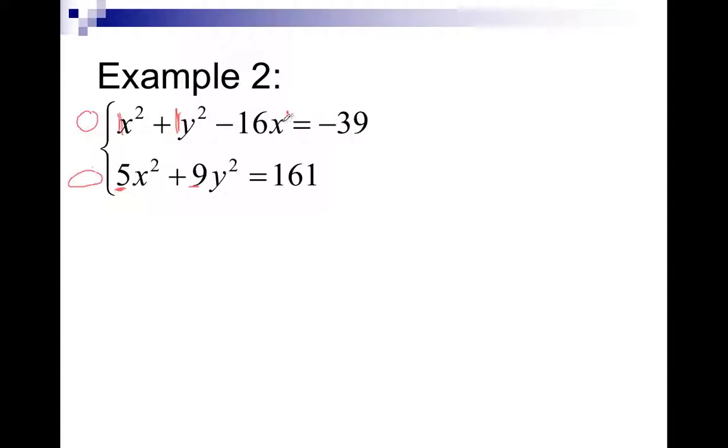If I also have a linear y, I can't use the add down method. But I have no y to the first. I have x squared and x to the first. I have a y squared but no y to the first. Therefore, I can use the add down method.